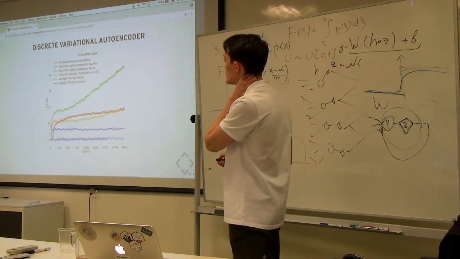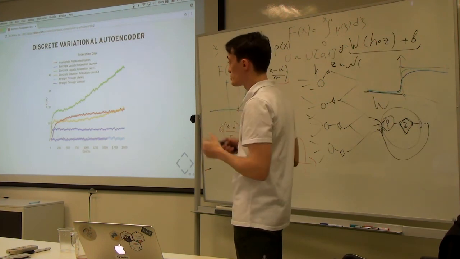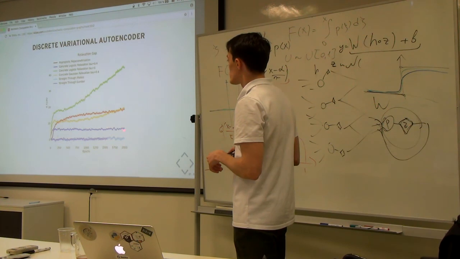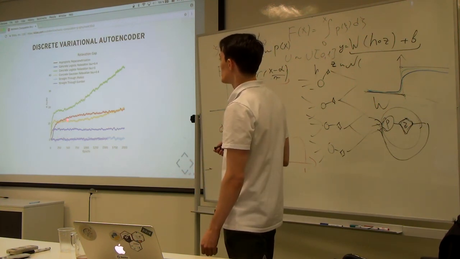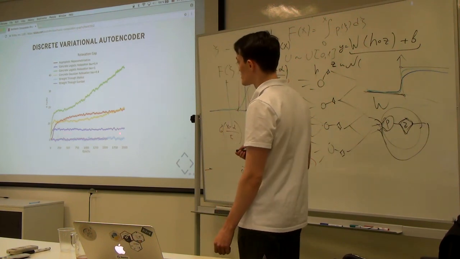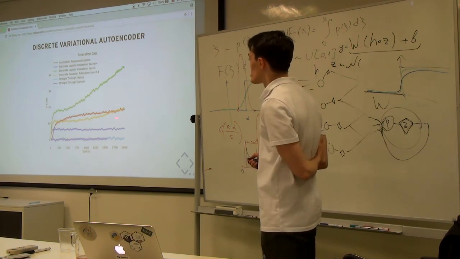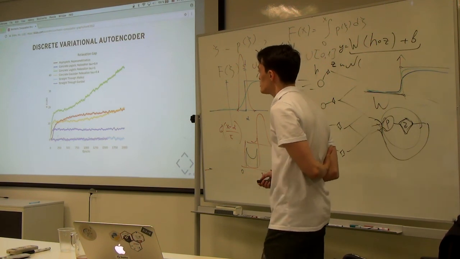What's interesting is that for the logistic distribution, for the Gumbel softmax with tau 0.4, this gap is kind of constant all the time, whereas for other relaxations, not counting the straight through because they don't relax the forward pass at all, this gap increases. That's an interesting observation.